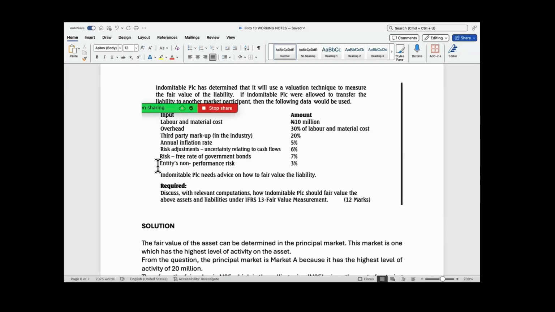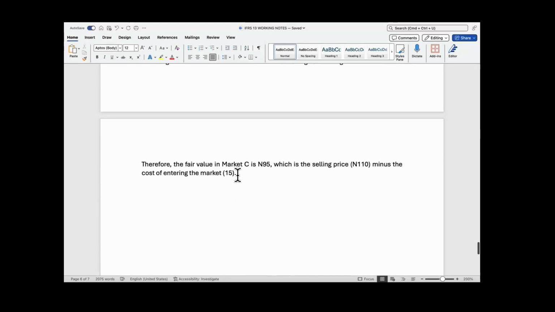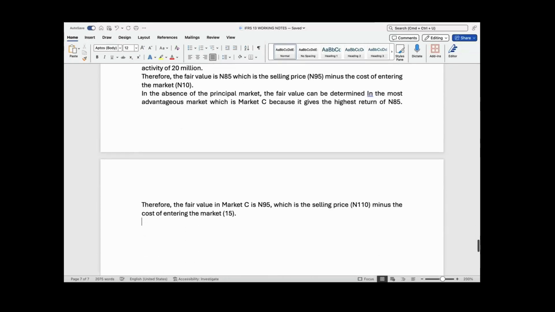Since they are giving me additional non-performance risks, I know I need to add that to get my market interest rate. So let's see how we put all that together. Yes, so Omomi is applying the knowledge you got from CAPM. That will have really helped you in this case.